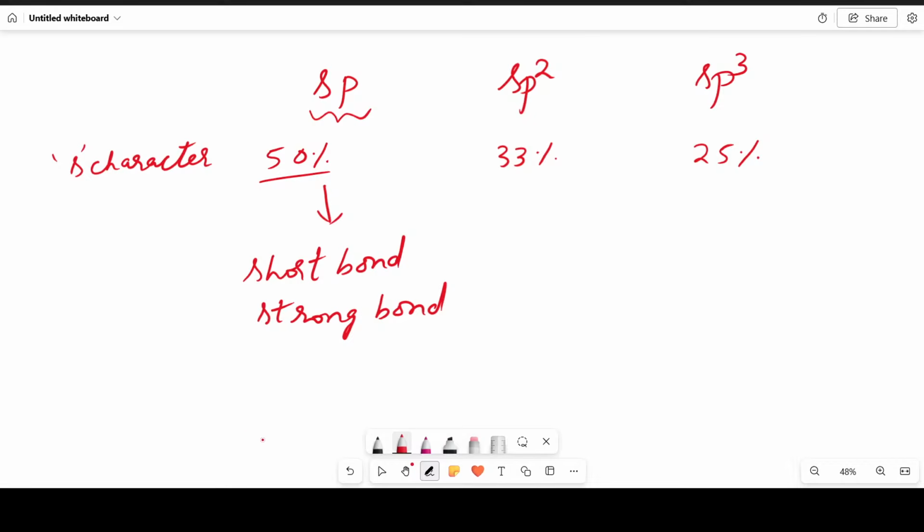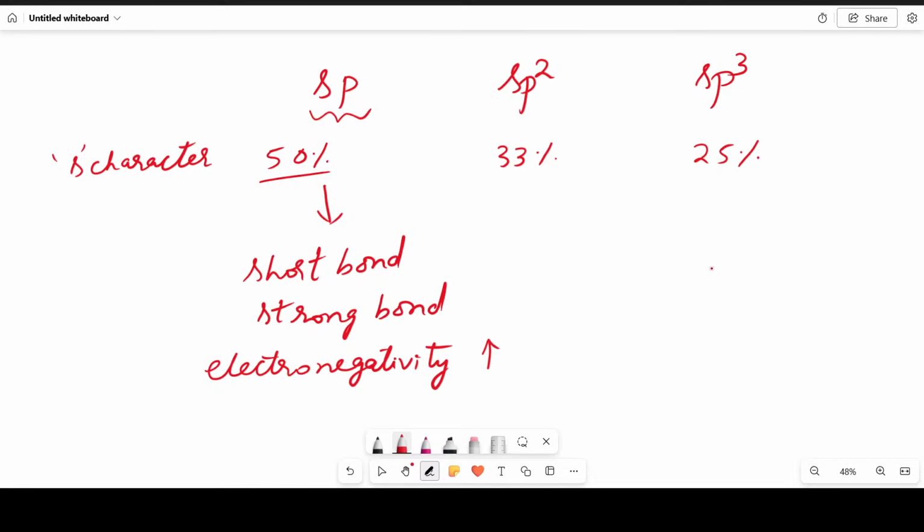And in sp hybridized carbon, the electronegativity also changes because of the hybridization. Therefore, in sp hybridization, the electronegativity also increases. I hope this is clear.